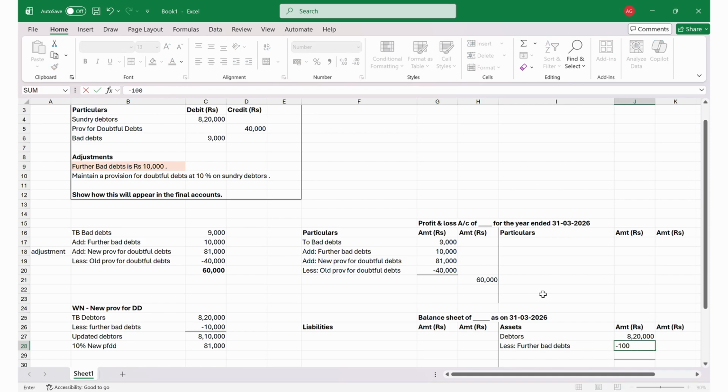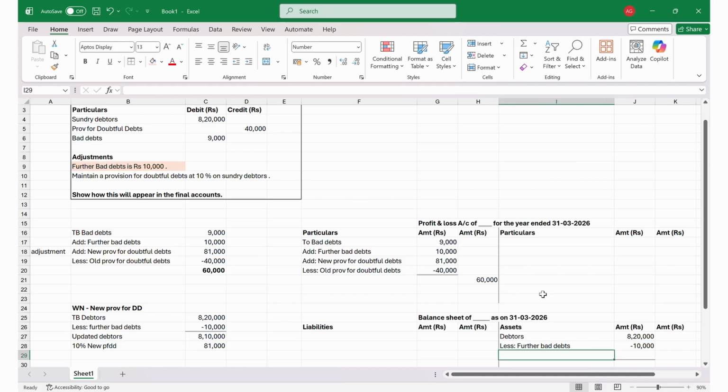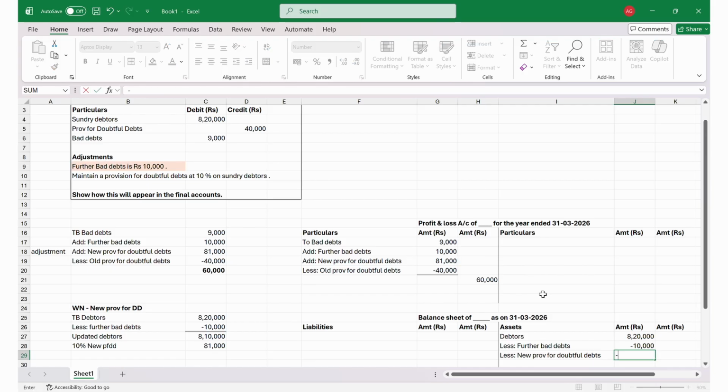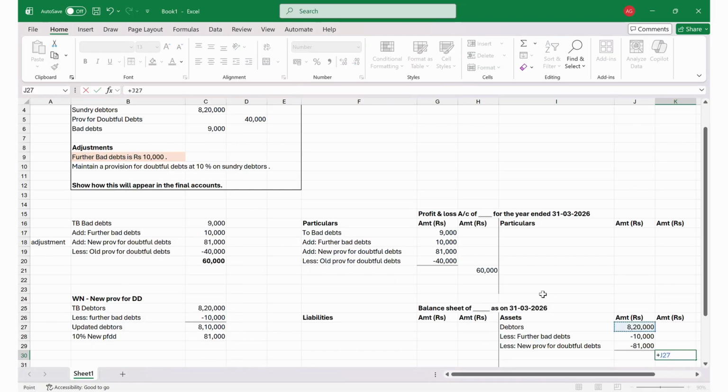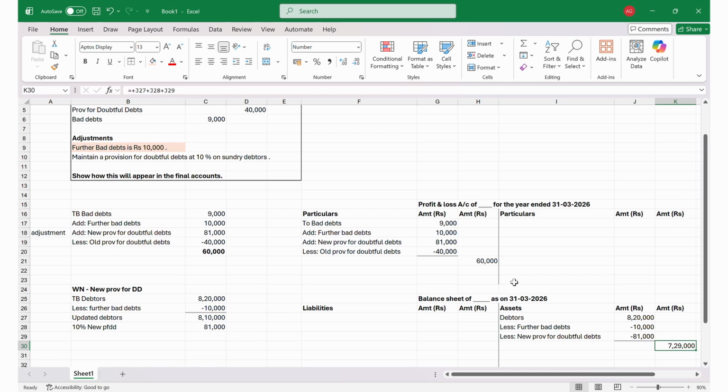Further bad debts turned out to be 10,000. We have to subtract that first, and then we have to subtract only the new provision for doubtful debts. Do not subtract the trial balance provision. Subtract only the adjustment provision, which is 81,000. Therefore, the final updated debtors value will be 7,29,000.